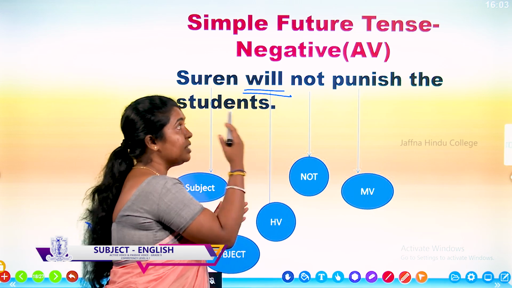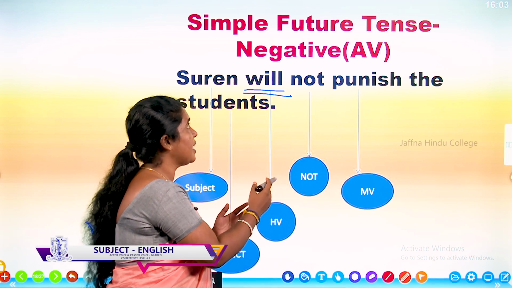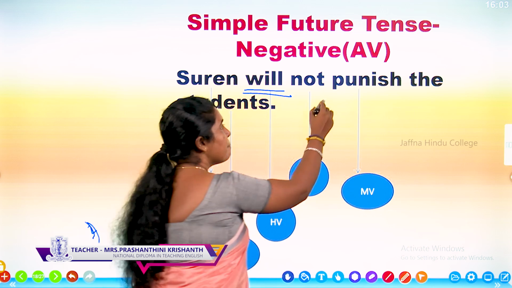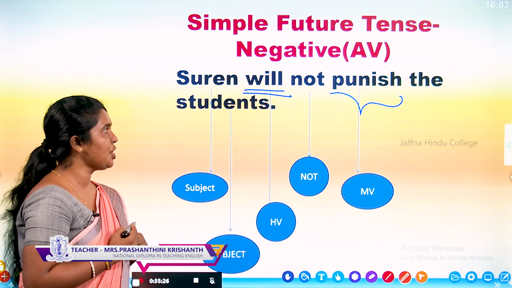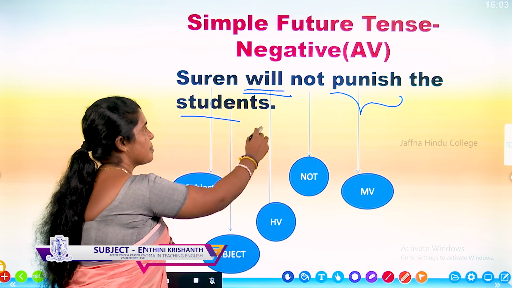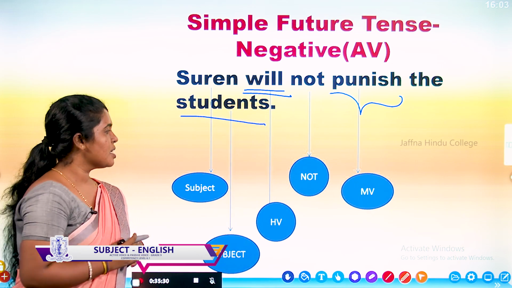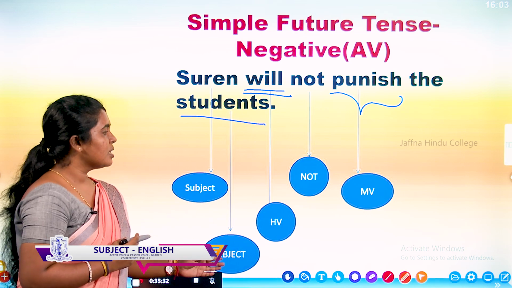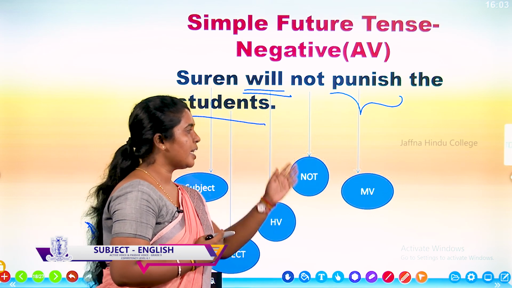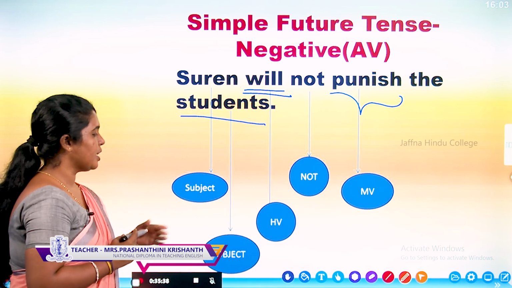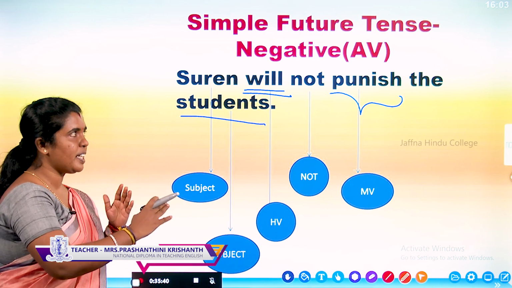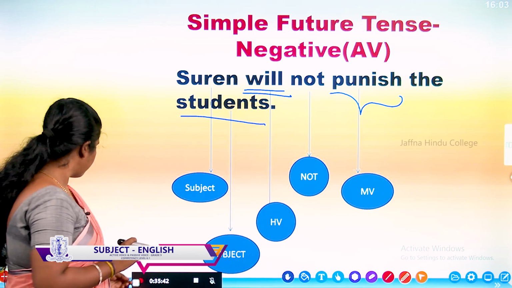Now we are adding not because this is a negative sentence. So not punish. This is the main verb. Punish the students. So subject, then helping verb, next not, next the main verb, finally the object. So this format is active voice.